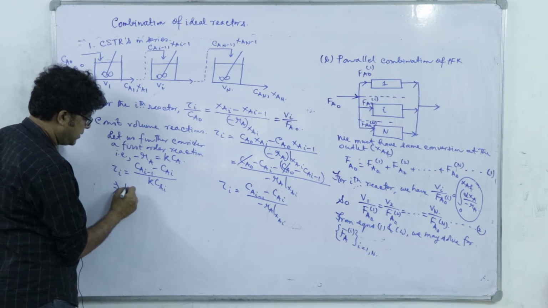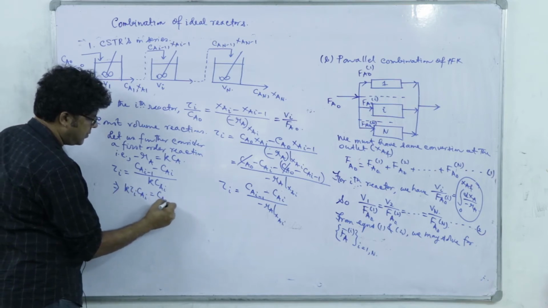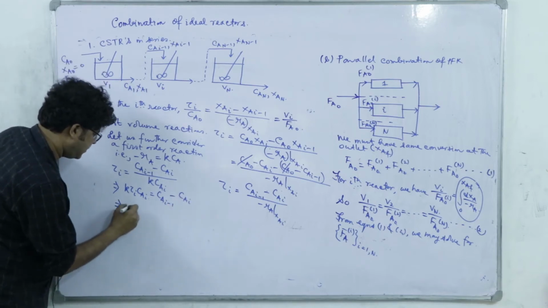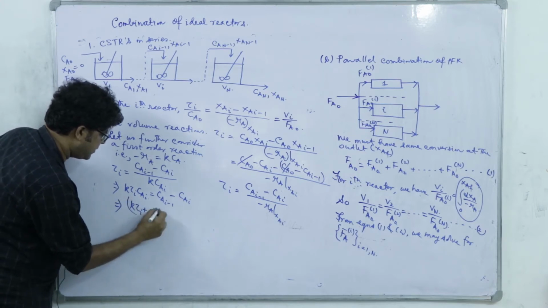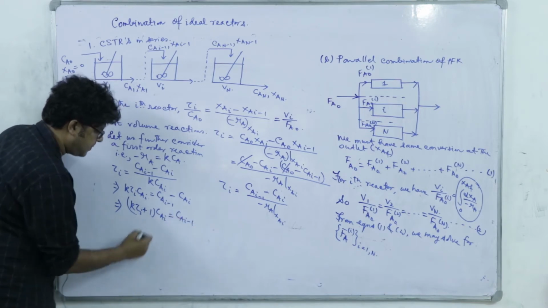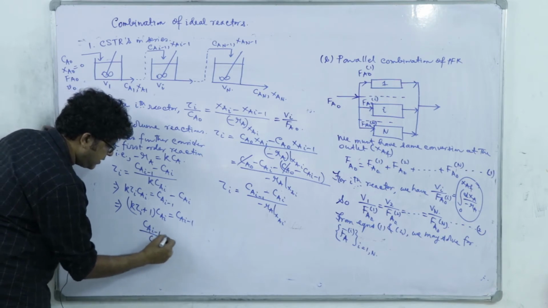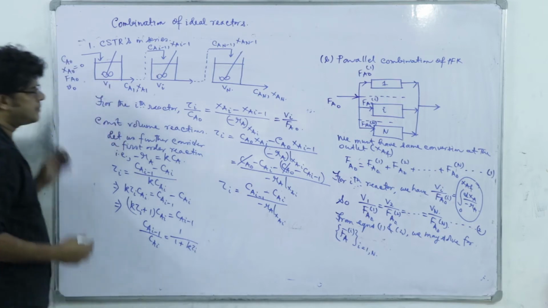So, k tau i Ci is equal to Ci minus 1 minus Ci, so (k tau i plus 1) Ci is equal to Ci minus 1. So, Ci minus 1 divided by Ci is 1 plus k tau i, correct.